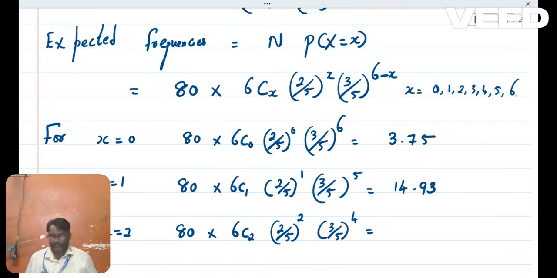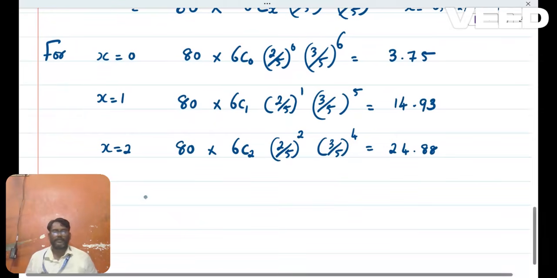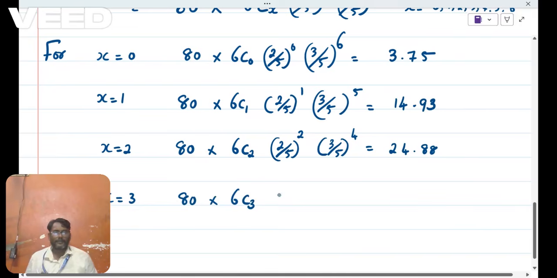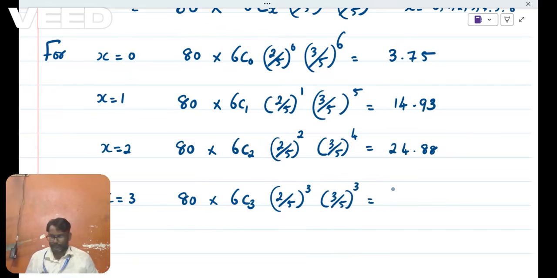If you use the calculator for this one, the value will be 24.88, and then for x is equal to 3, 80 into 6C3, 2 by 5 raised to the power 3 into 3 by 5 raised to the power 3, which is equal to 22.12.